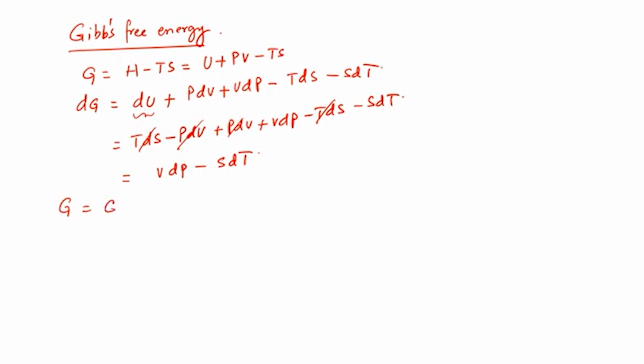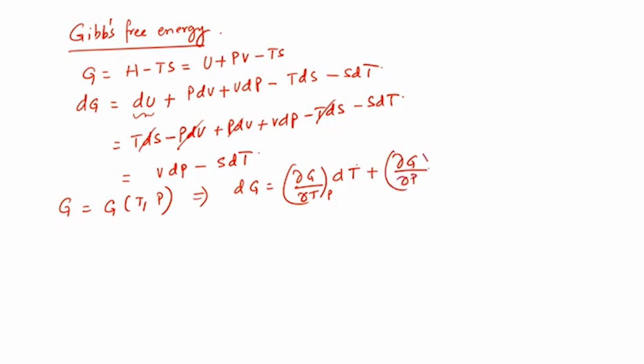So, G is a function of T, P, and then again we write this down as dG equal to del G del T at constant P dT. It is the same thing repeated over and over again with different energy functionals. And then there is a del G del P at a constant T dP.